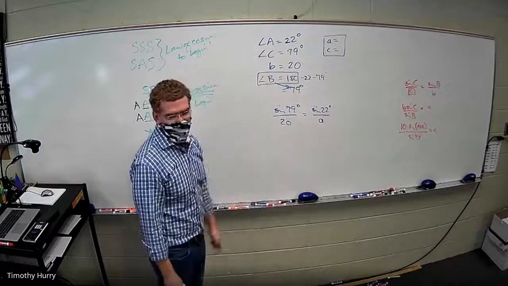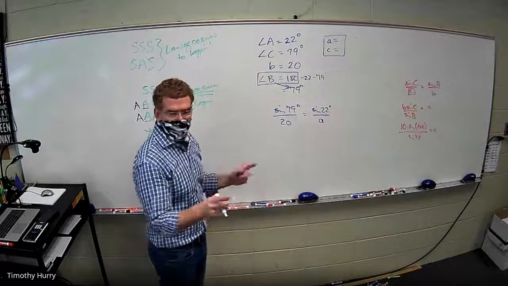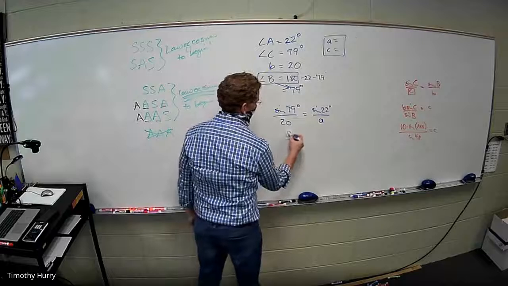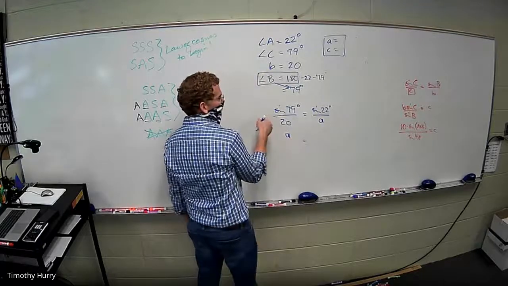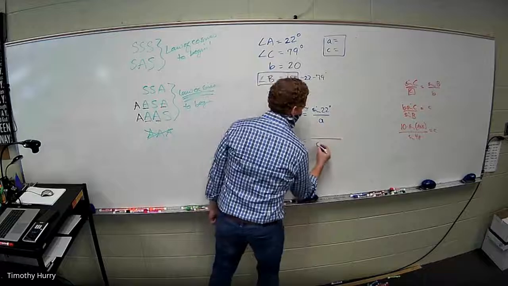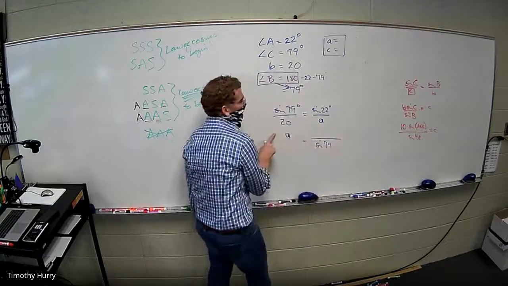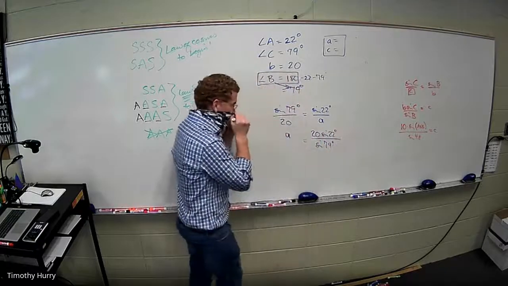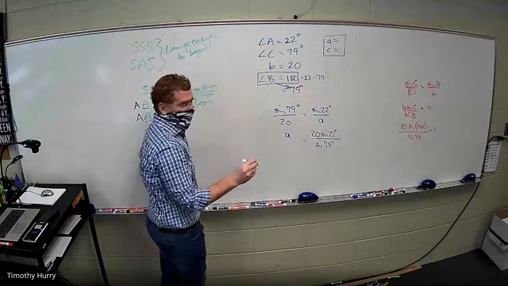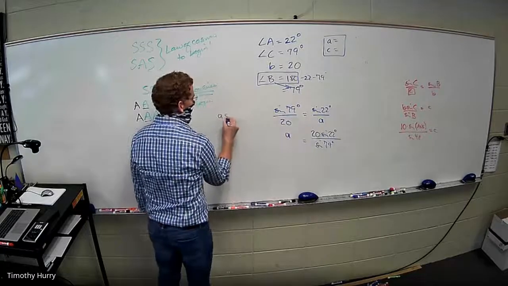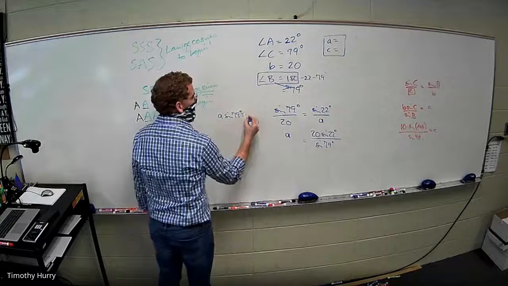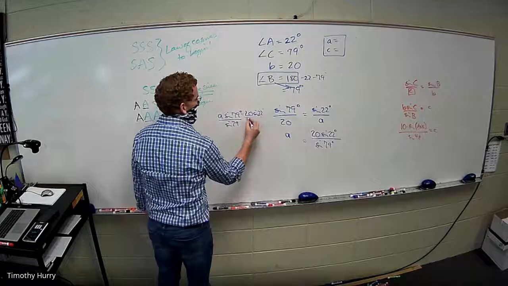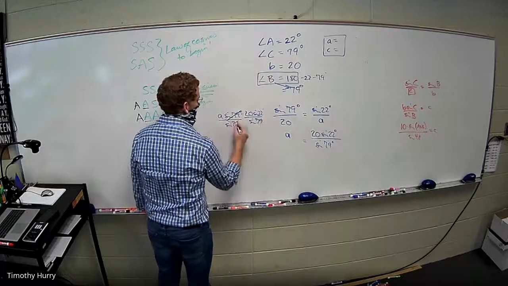Now how do you find A here? Cross multiply and divide? Or slide the A up. All right, slide the A up, the sine of 79 down, and the 20 up. And by the way, guys, if this slide rule is really annoying you, look, you're only saving a moment. Look, cross multiplying A sine 79, 20 sine 22, divide by sine 79. I am not saving tons of time.